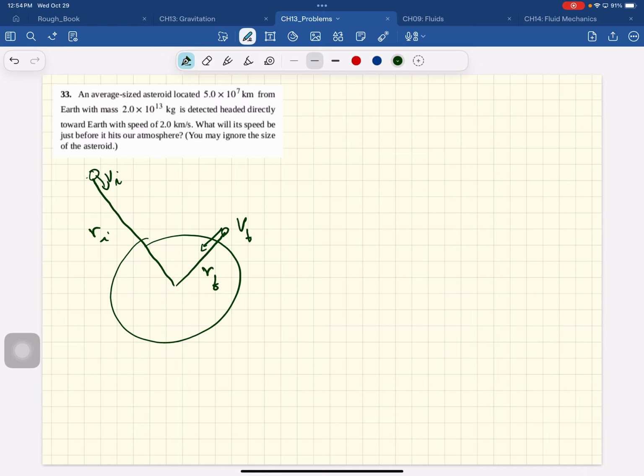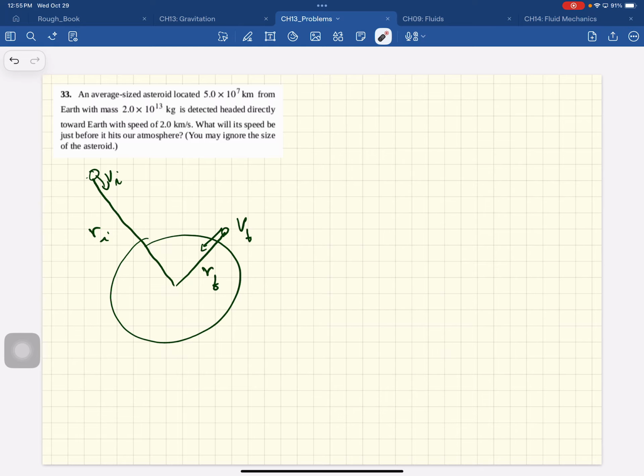Okay, so essentially what is happening is, what we'll do is mechanical energy is conserved. Okay, so these asteroids don't have rockets. As they fall closer to the Earth, they're going faster.